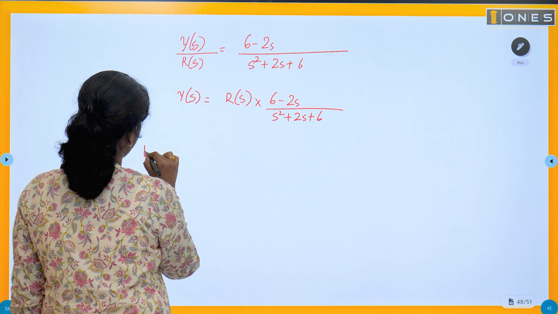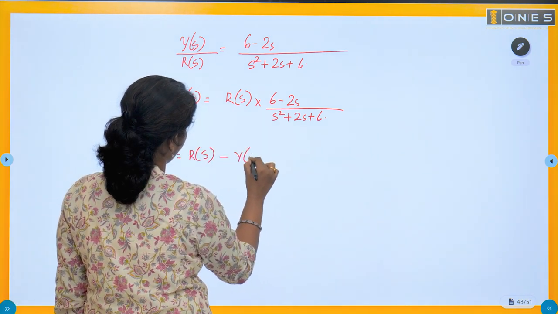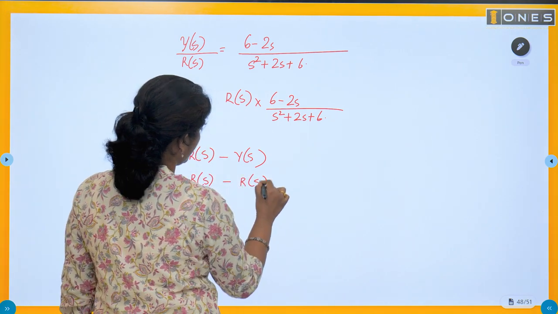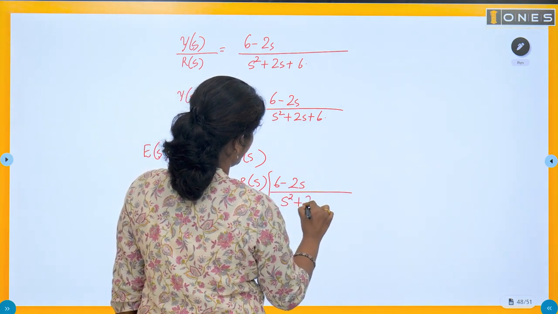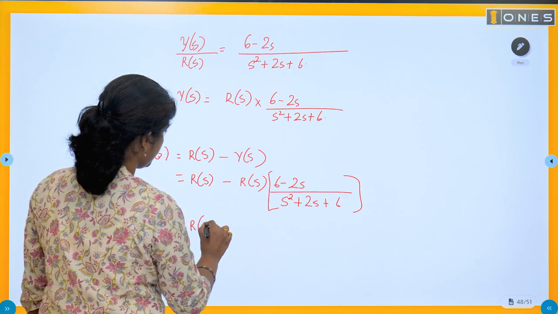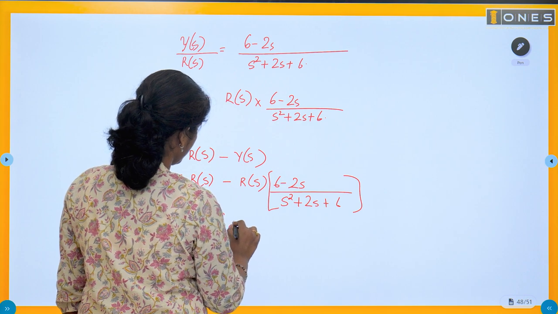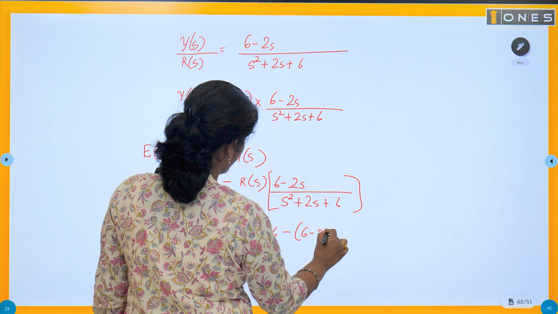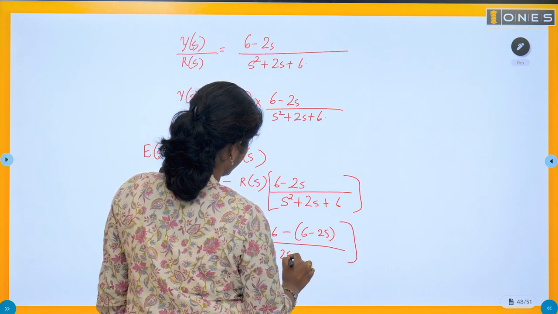So what is error? E of s is equal to R of s minus Y of s. That is R of s minus R of s into 6 minus 2s divided by s square plus 2s plus 6. That is R of s into s square plus 2s plus 6 minus of 6 minus 2s, divided by s square plus 2s plus 6.